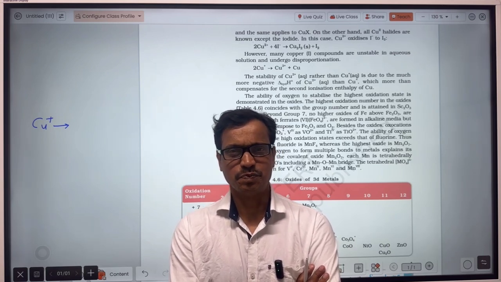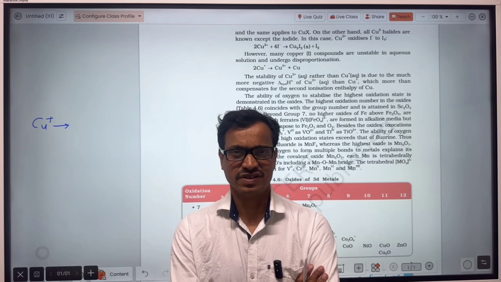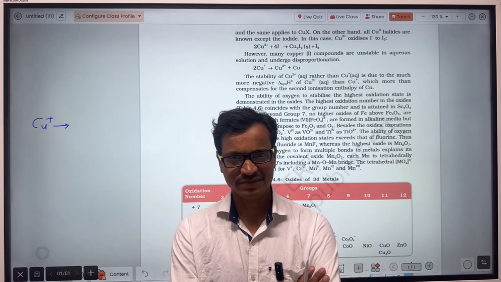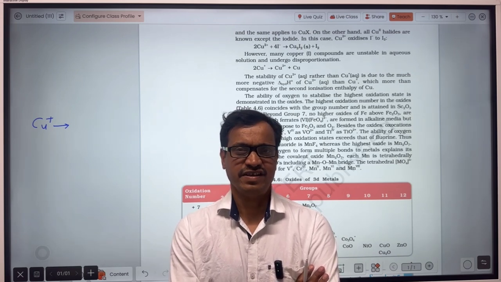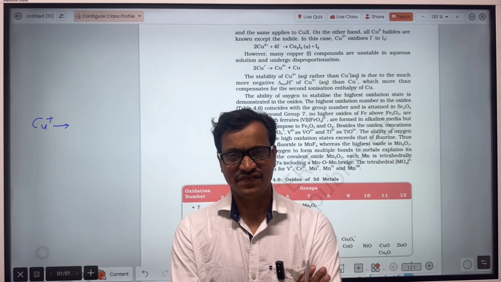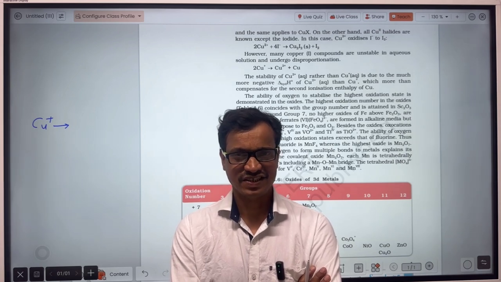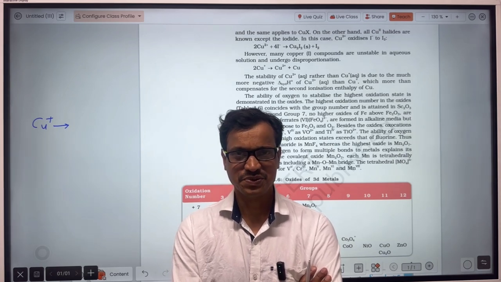When Cu+ gets reduced, there will be formation of copper atom, and when Cu+ gets oxidized, there will be formation of Cu2+.